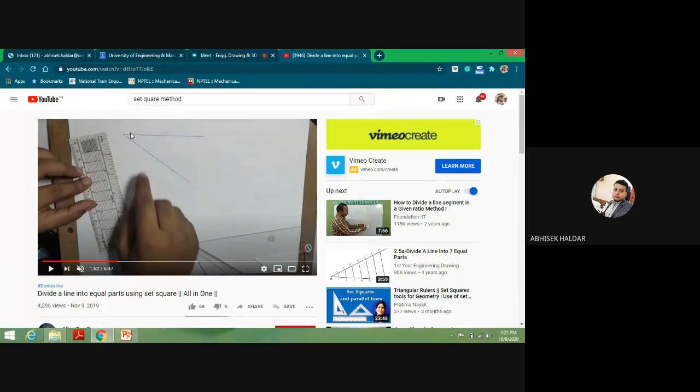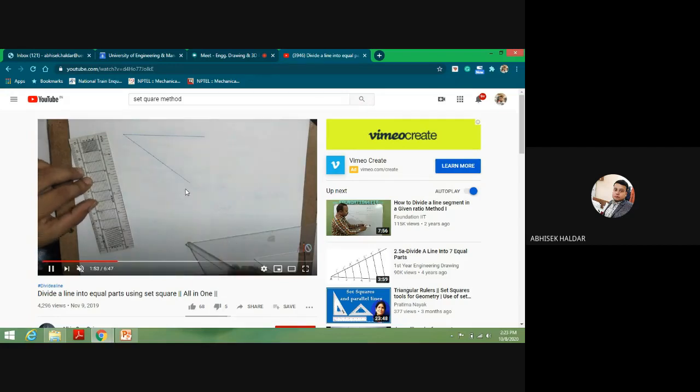If I divide this straight line into 7 equal parts, then the 7th point will be your last arc point, and from that arc point you join to the last point of the line. But in this case, as he is dividing into 10 equal parts, the 10th arc point is joined to the last point of the line.